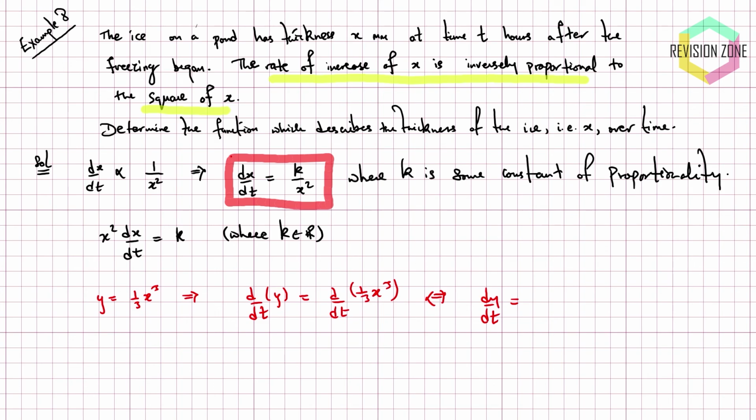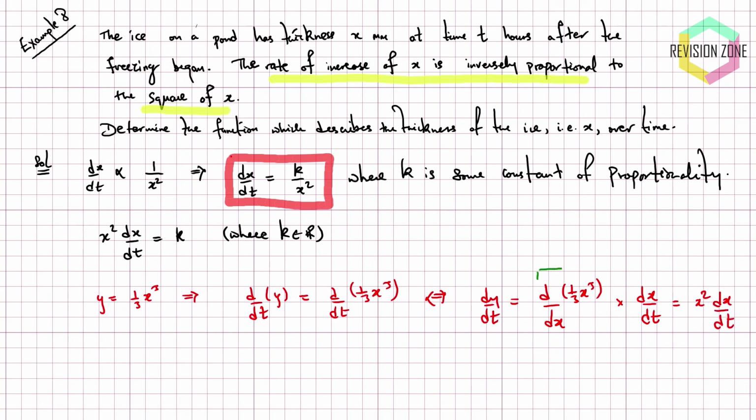Using the chain rule, we differentiate our a third x cubed function with respect to x, but then we multiply everything by dx by dt. And a third x cubed differentiates to give nothing other than x squared, right? And then the dx by dt is just tagged on the side.